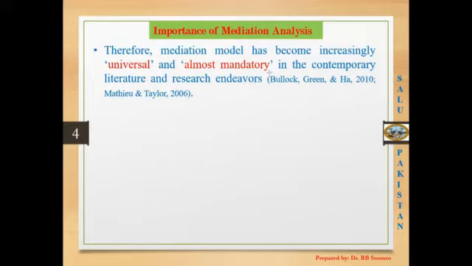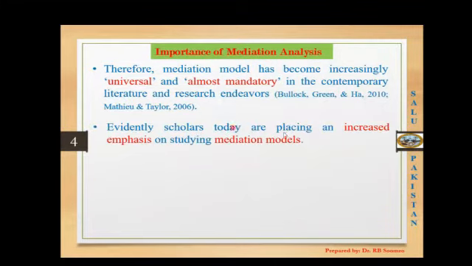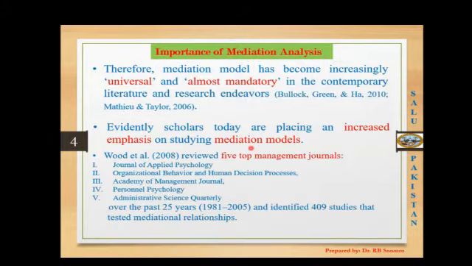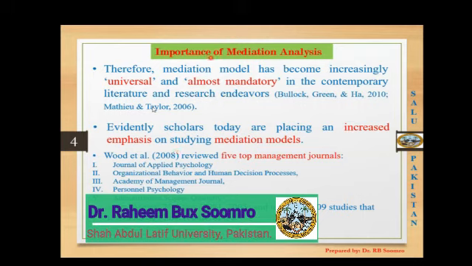Even your demographic variable can be the mediator. Evidence shows that scholars today are placing increased emphasis on the mediation model. This is another reason for the popularity of mediation.